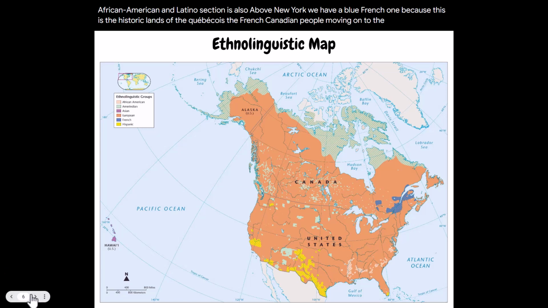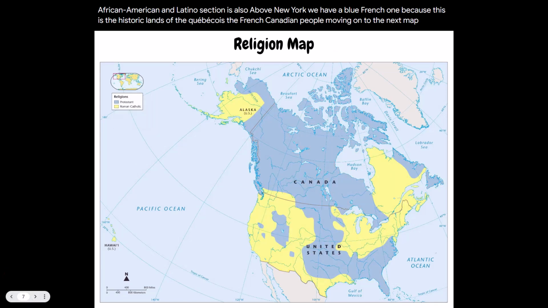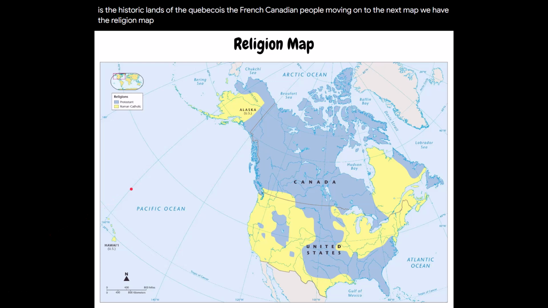Moving on to the next map, we have the religion map. As you can see in the key, there's only two religions, and they're both Christian. One is Catholic, one is Protestant. That will just tell you what the majority of these people are.